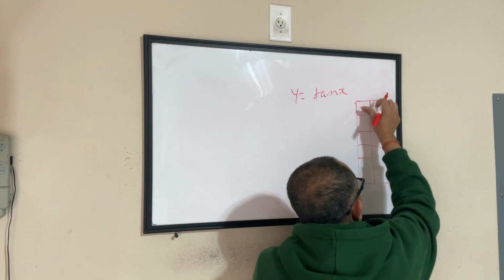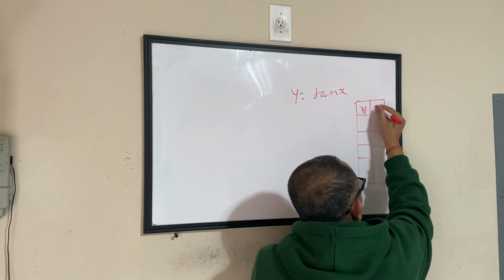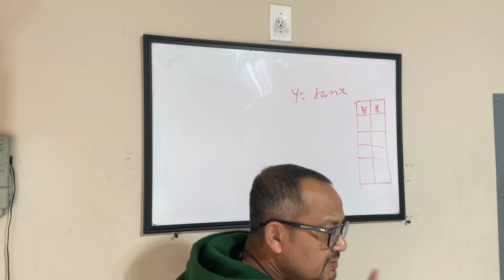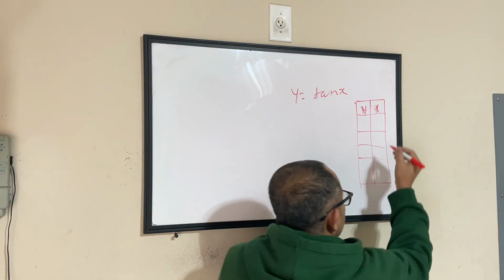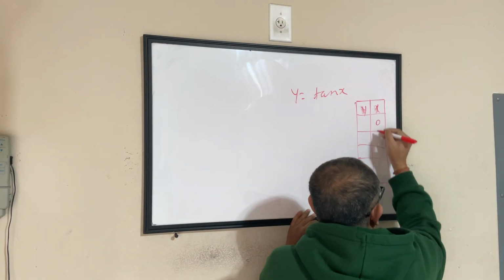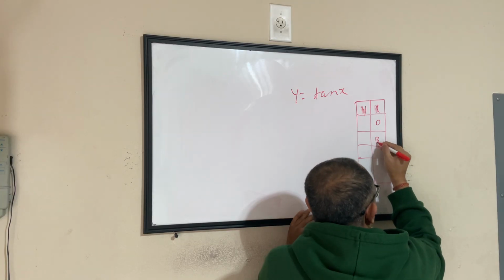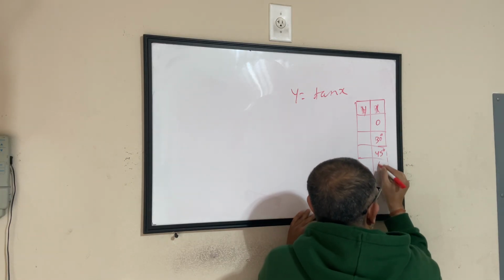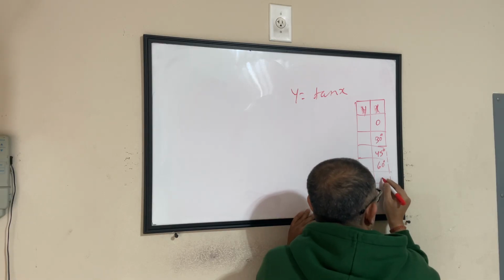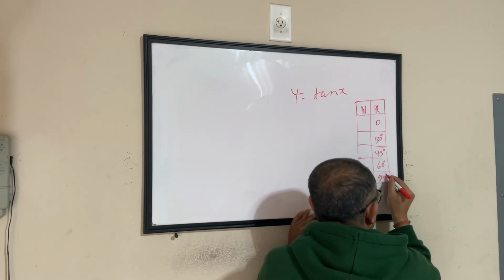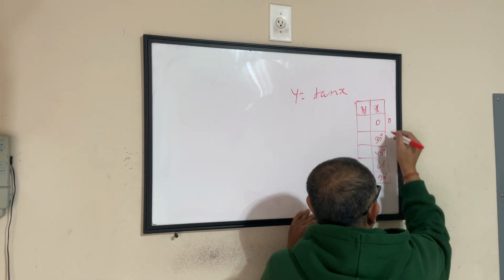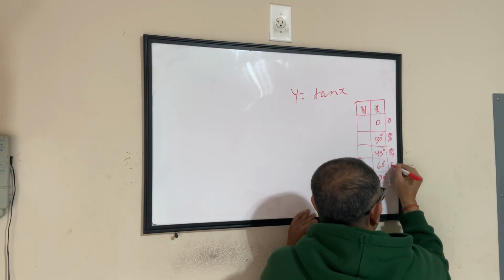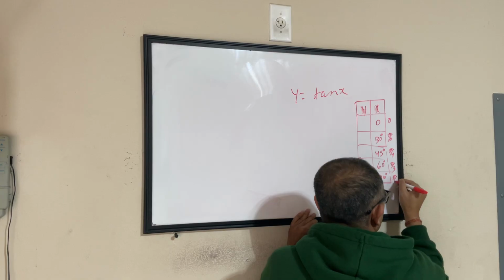So let's look at it. I'll put y here and x here. And here I will deal with some easy looking numbers. So let's say 0 degree, 30 degrees, 45 degrees, 60 degrees, 90 degrees. Or in radian you will say 0 radian, pi by 6 radian, pi by 4 radian, pi by 3 radian, pi by 2 radian.